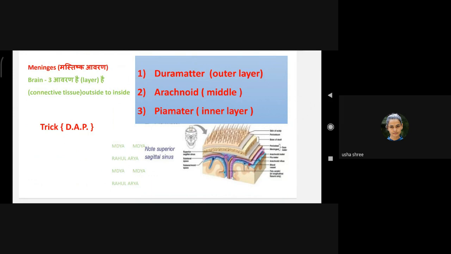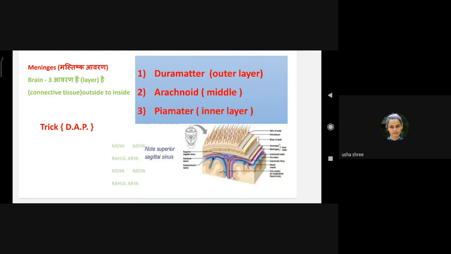Okay, our brain is covered by three protecting layers. So these layers are known as meninges. Now, what are those three layers' names? First one is dura mater. Second one is arachnoid mater, and third one is pia mater.